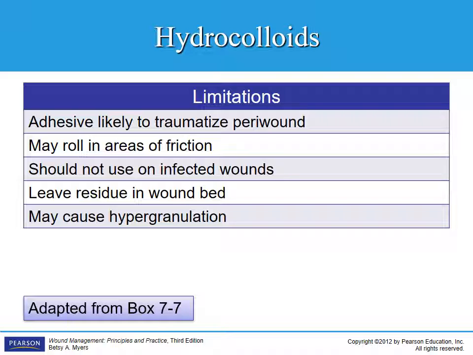Hydrocolloids can leave a residue in the wound bed. Remember I talked earlier about gauze can leave fibers. Well, hydrocolloids can leave some of that colloidal material in the wound bed, and it can cause hypergranulation. So you have to be very careful and watch the wound. If you're using a hydrocolloid and you start to see hypergranulation, then you're going to have to use another type of dressing.